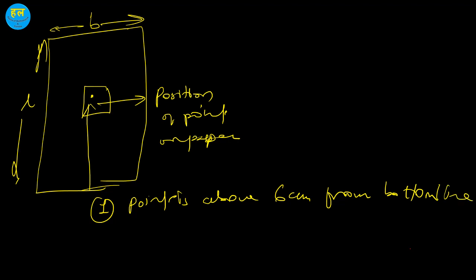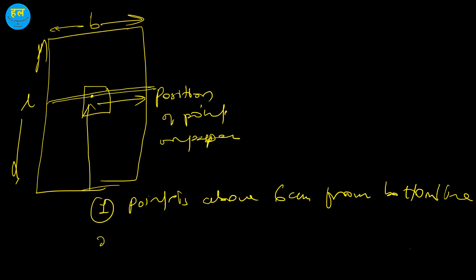Okay, so now we can assume that this point is somewhere 6 centimeter above the bottom line of the paper. So this point can be anywhere here.